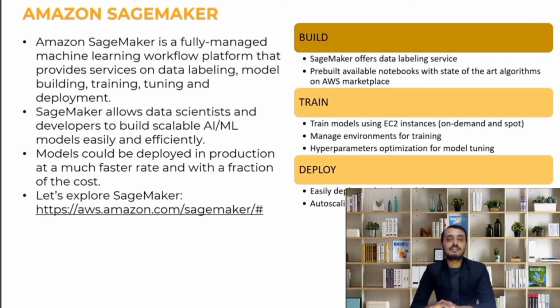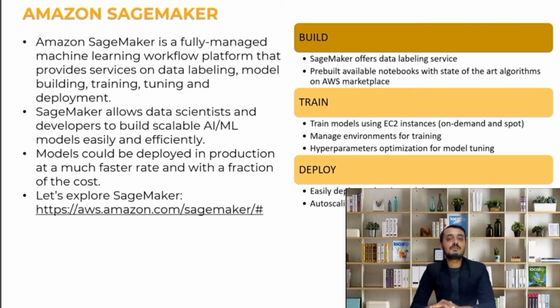And these are the key capabilities when it comes to Amazon SageMaker. First, you can build your own model. Amazon SageMaker offers data labeling services, so you can leverage some of the datasets available out there, and you can also use some of the pre-built notebooks with state-of-the-art algorithms.